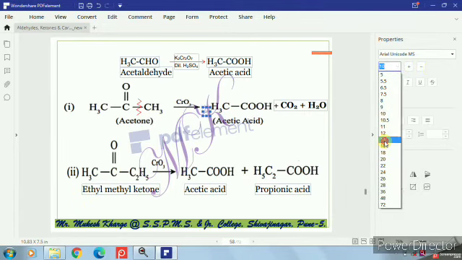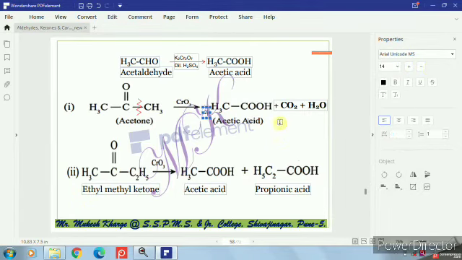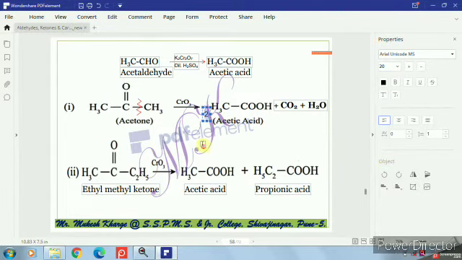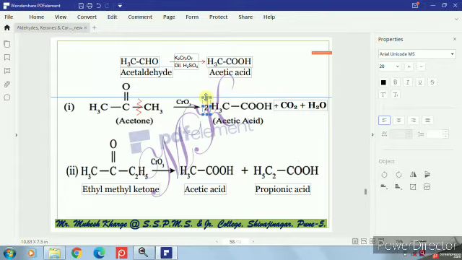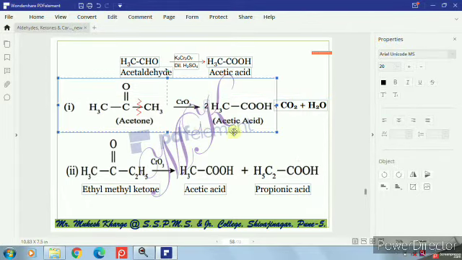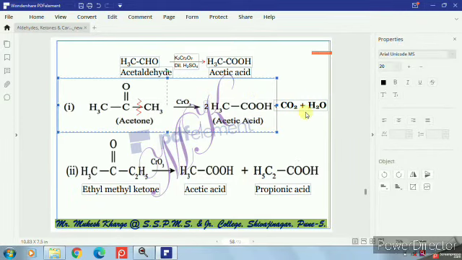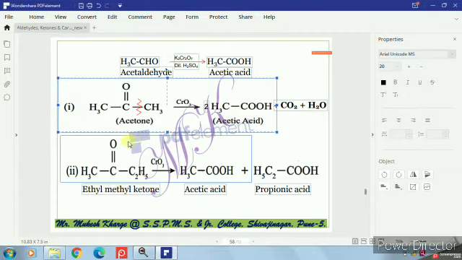Two molecules of acetic acid plus CO2 plus H2O.